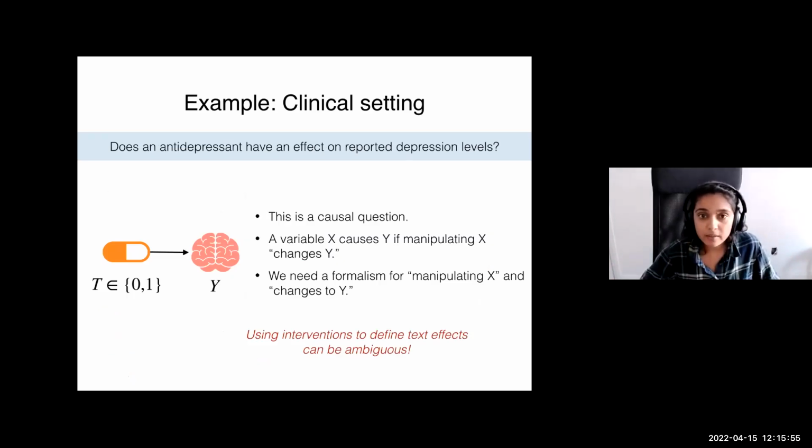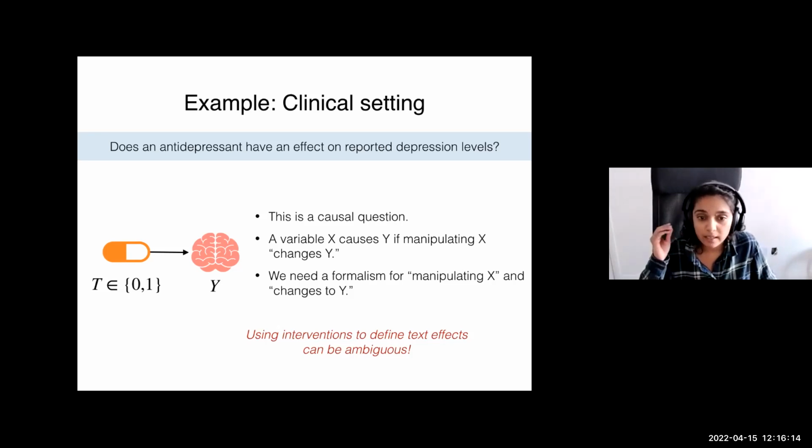The thing about this setting that we should really keep in mind is that everything is kind of clean here, right? We have recorded whether somebody takes a treatment or not. It's clear what it means to intervene and give somebody a drug.